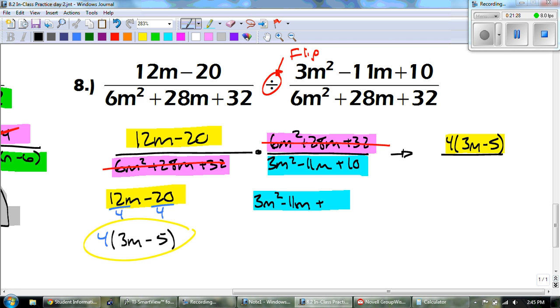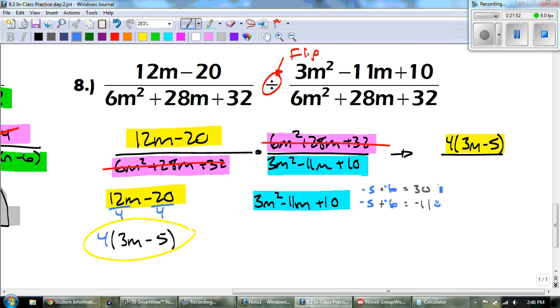Okay, and we have to factor this. I want numbers that multiply to get 30 and add to get negative 11. I get 5 and 6, but they both have to be negative.